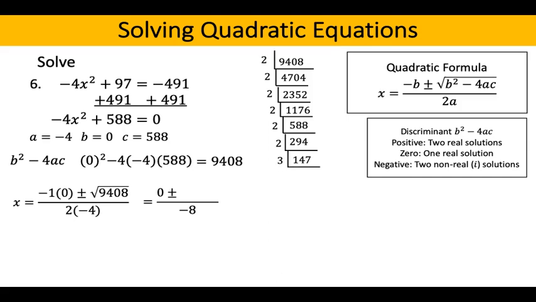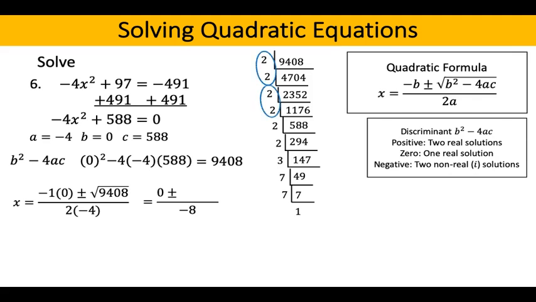147 is divisible by 3. We get 49, and 49 is divisible by 7. We get a 7, and we will divide by itself to get 1. So quite a list of prime factors. We have 6 2's, a 3, and 2 7's. So find your pairs of like factors.